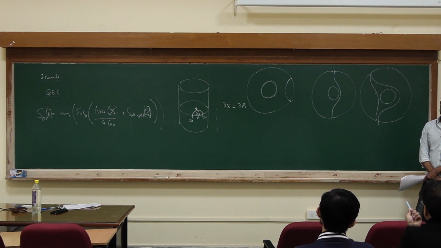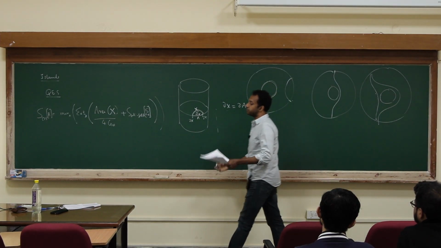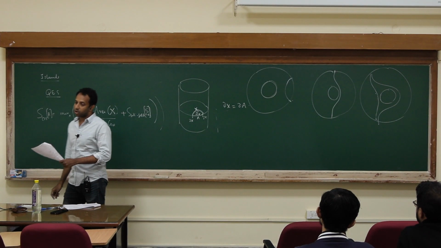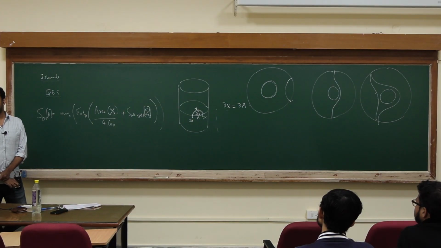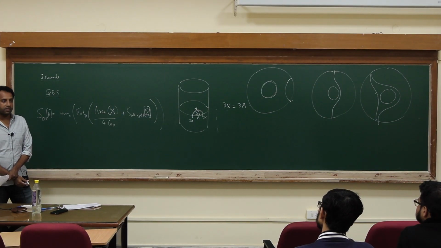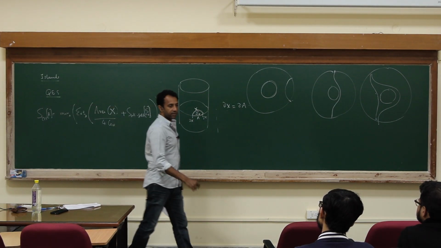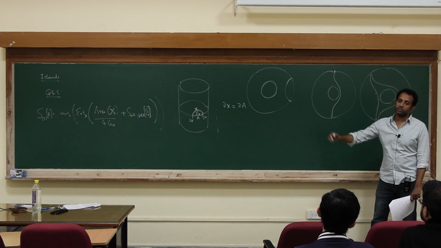Central piece is the horizon, and this assumes that you are computing it in a thermal state. We will generally not be interested in computing RT surfaces or quantum extremal surfaces in thermal states. We will be interested in at least guessing what they are in pure states. Very roughly speaking, our quantum extremal surfaces will be able to penetrate the horizon.